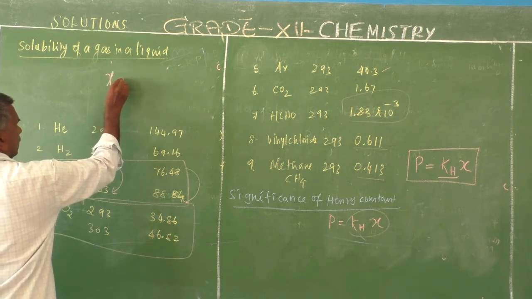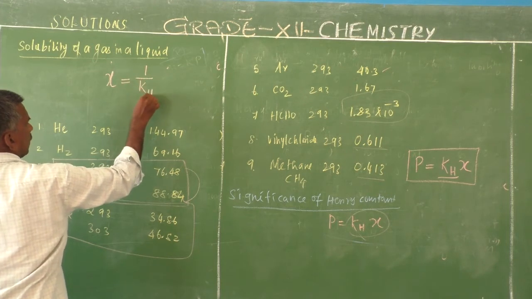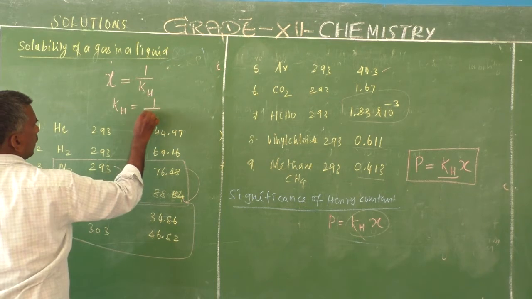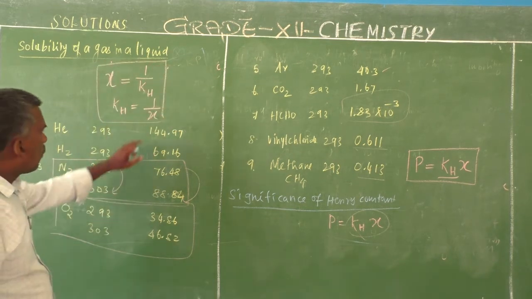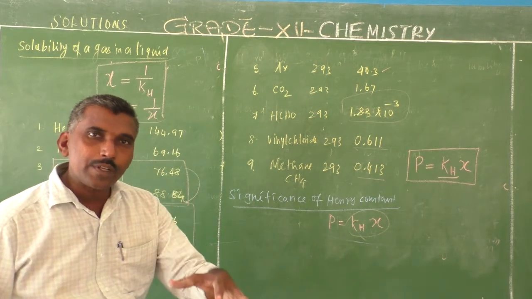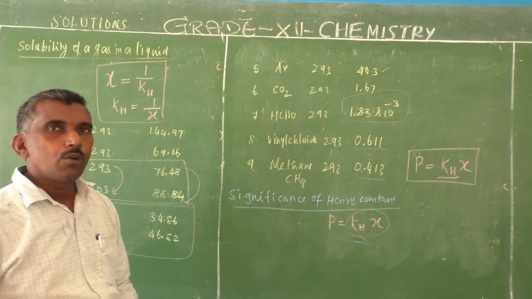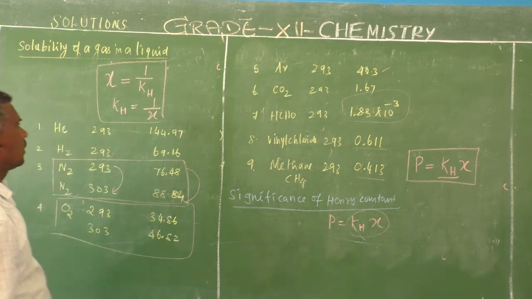Mole fraction equal to 1 by Henry constant, or Henry constant is equal to 1 by mole fraction. That is a mole fraction, how much amount of gas dissolved in solution.